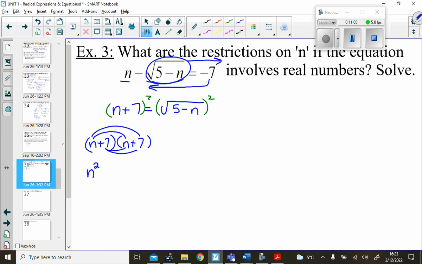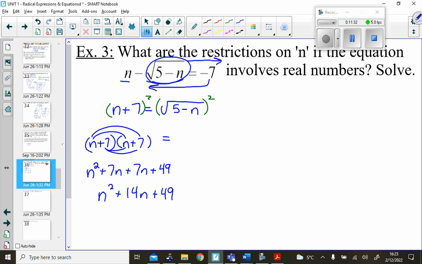N squared plus 7n plus another 7n plus 49. N plus 7 squared is n squared plus 14n plus 49. You cannot just distribute that square and call it n squared plus 49. Wrong, wrong, wrong.